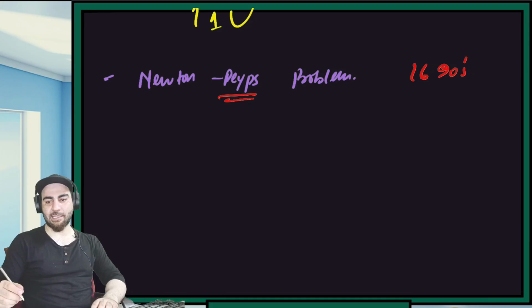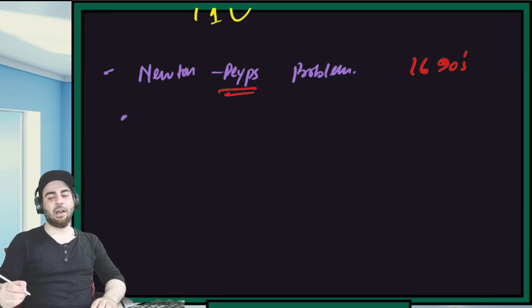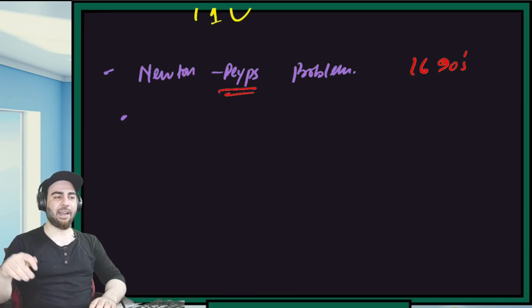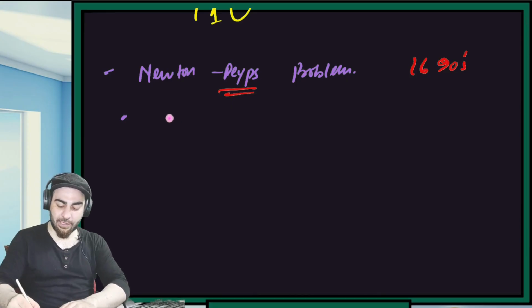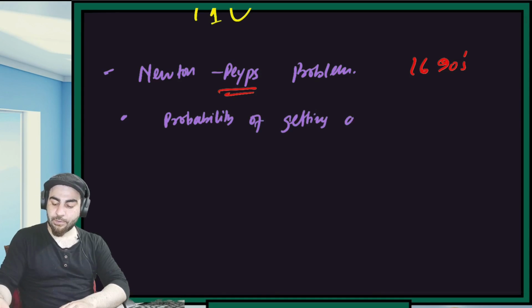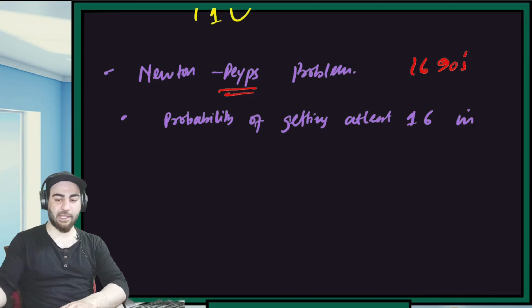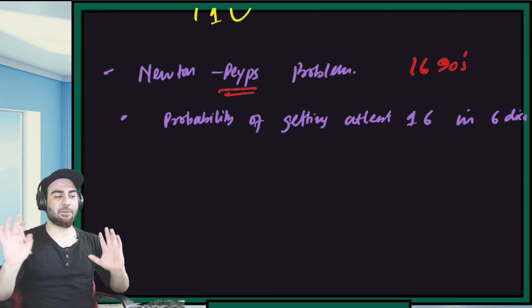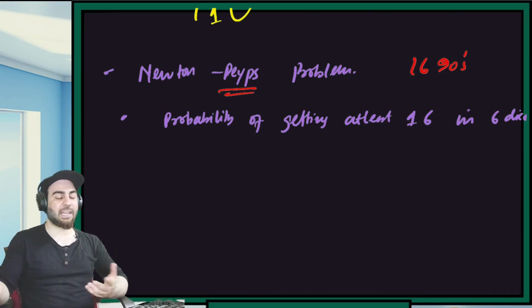The problem goes like this. He said, "What is the probability of getting at least one six if I roll 6 fair dice?" Assuming that all of these dice are not connected, I can assume independence between these dice.